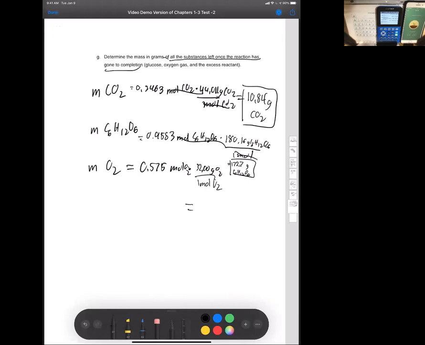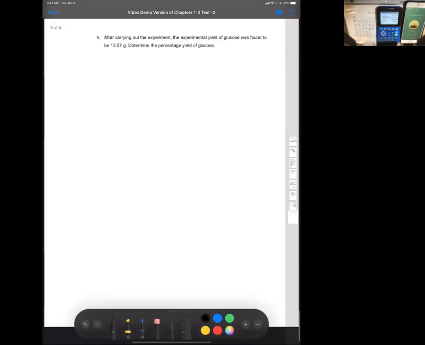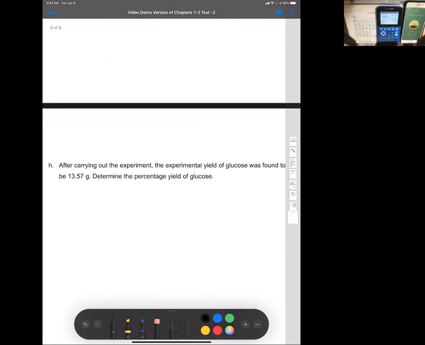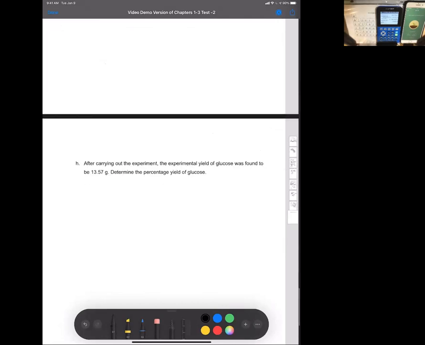So for that, 0.575 times 2 is going to equal 18. Ooh, so glucose is equal to 6. Oh, it's a second question.